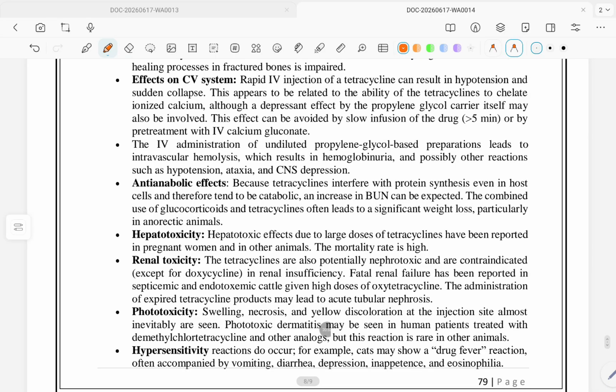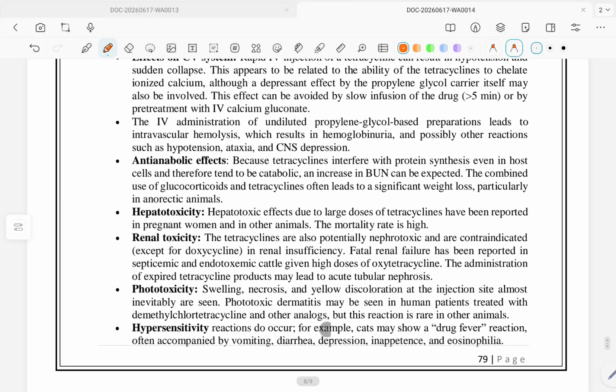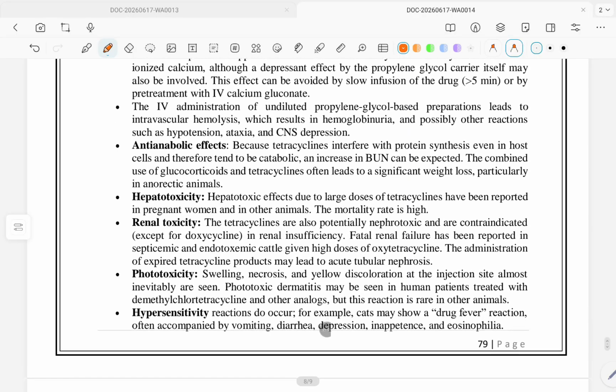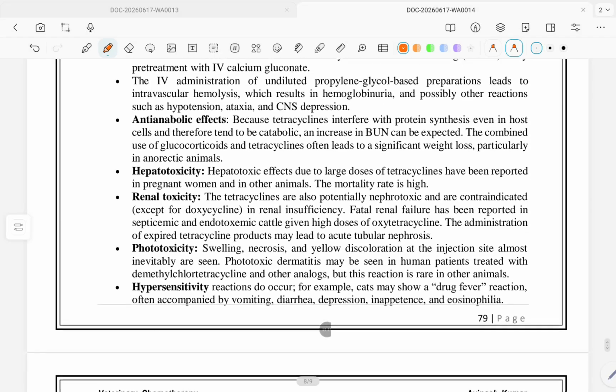The IV administration of undiluted propylene glycol-based preparations leads to intravascular hemolysis, which results in hemoglobinuria and possibly other reactions such as hypotension, ataxia, and CNS depression. Anti-anabolic effect.